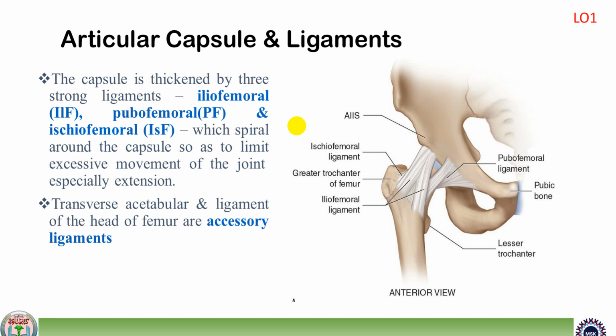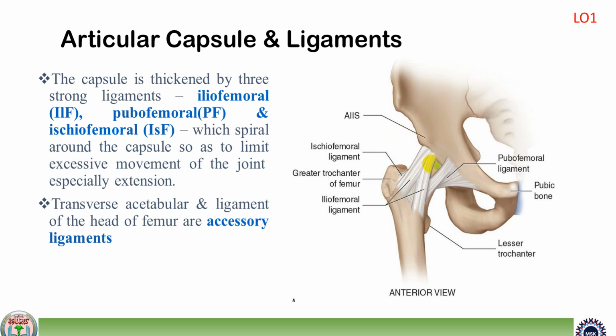And these ligaments are usually extracapsular. We have the iliofemoral, pubofemoral, and ischiofemoral ligaments, which spiral from the hip toward the femur, and from their names, iliofemoral means between the ilium and the femur, and so on for the other names.